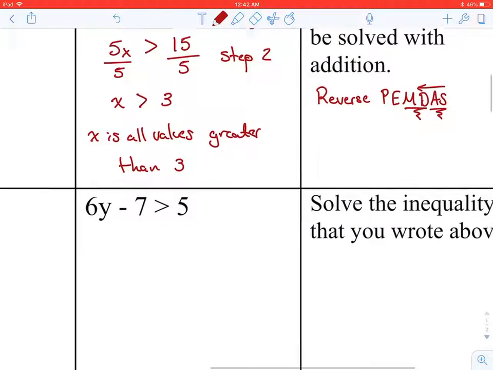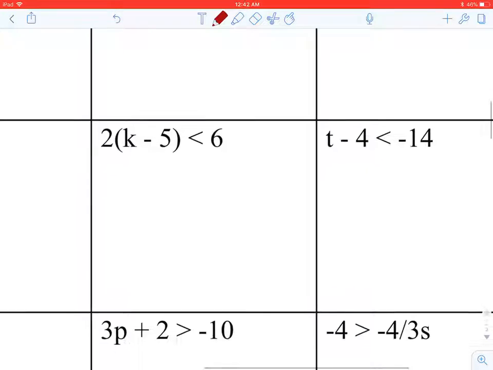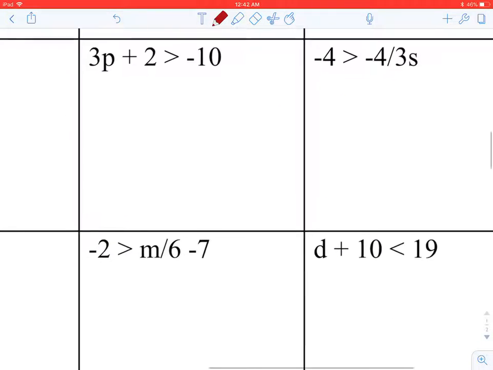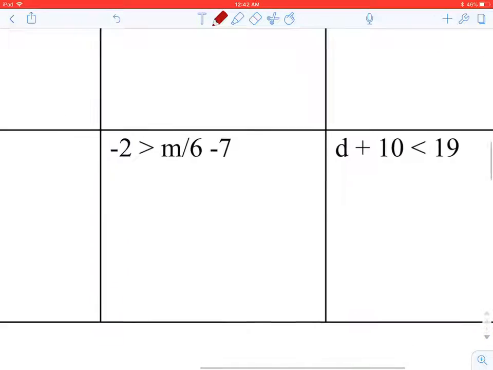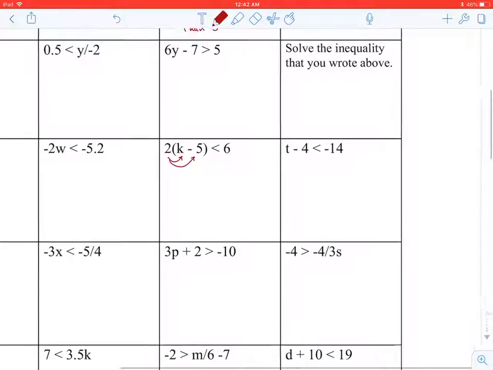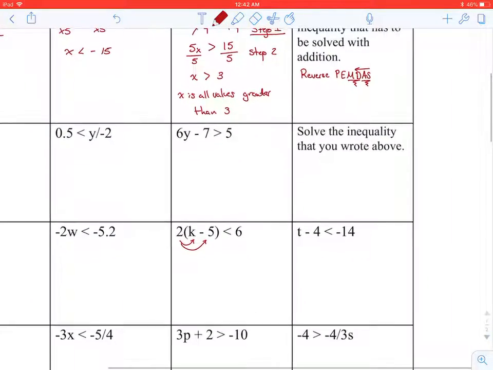Okay, so that does it for number 1. I want to do one with a negative sign. On this one, just as a reminder, you're just going to do distributive property first. But I want to do one with a negative sign, and it looks like we actually don't have one with a negative sign, so you guys got lucky on this. So you're going to be doing, again, 2 steps for all of them.